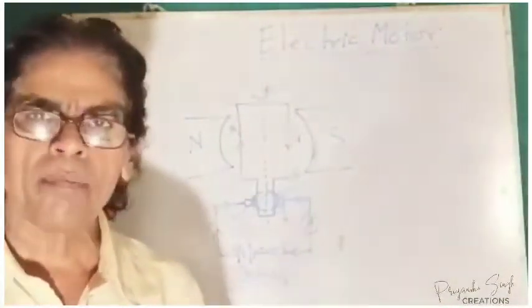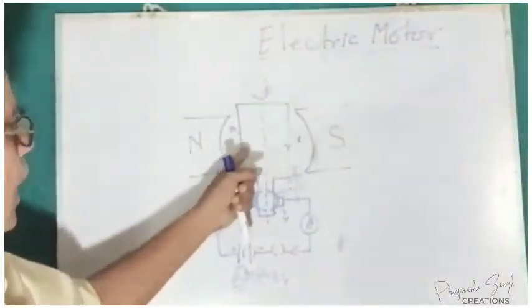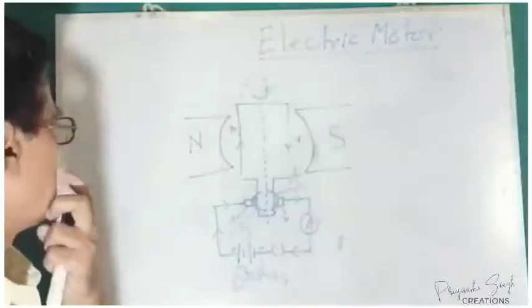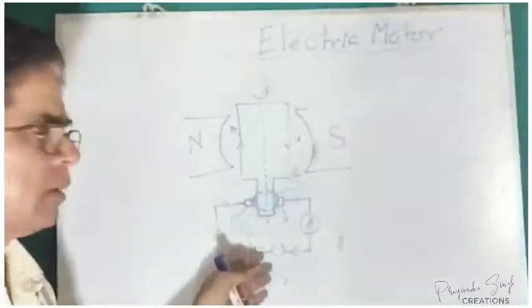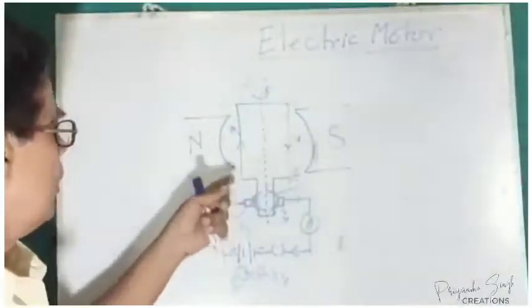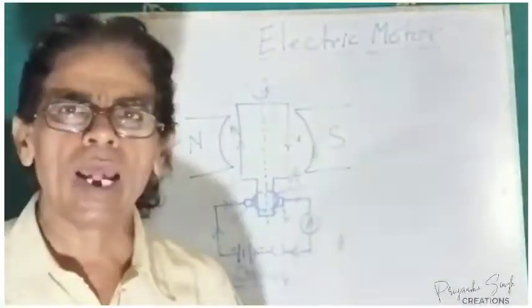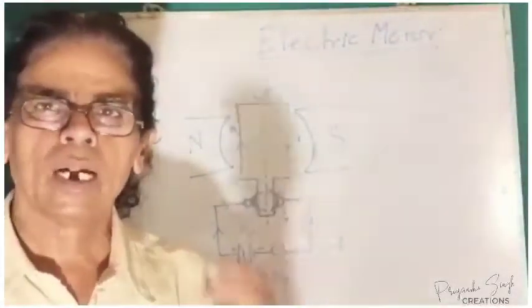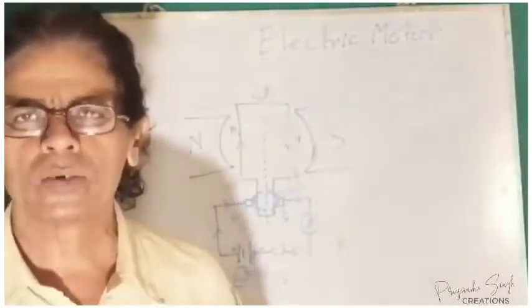So after every half turn, the direction of current in the rectangular coil gets changed, but outside the circuit the direction of current remains the same. In this way the rectangular coil will rotate in the clockwise direction.